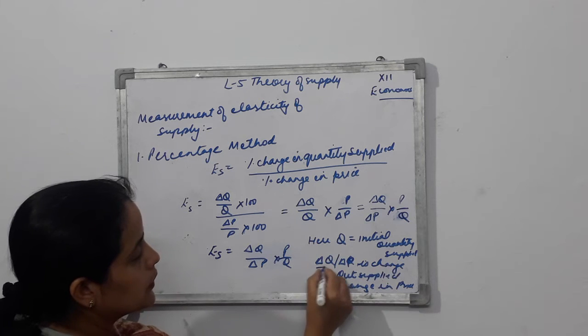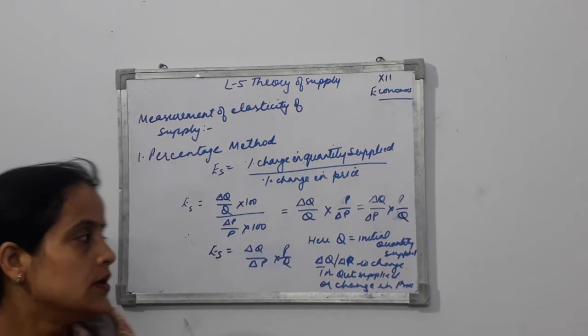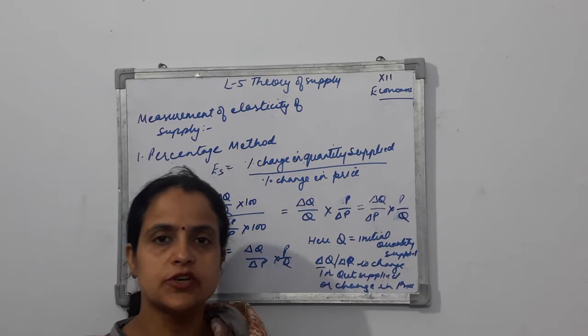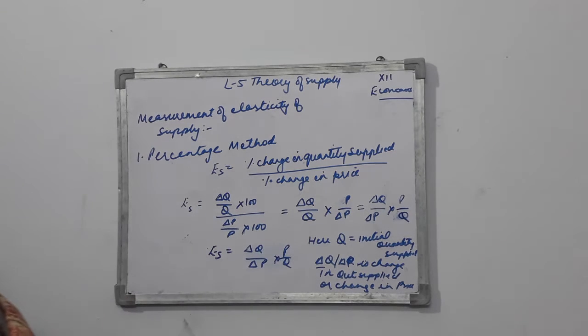So when we talk about delta, what we mean is change in. If it is delta Q, it's going to be change in Q. If it's delta P, it's going to be change in price.